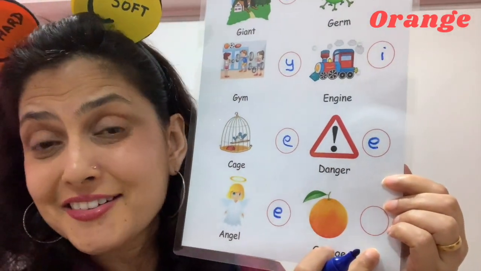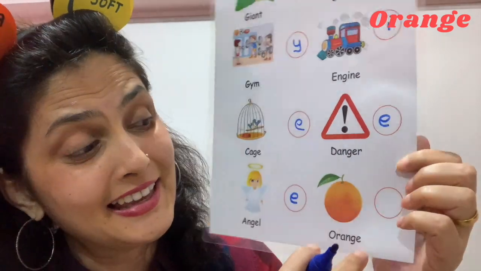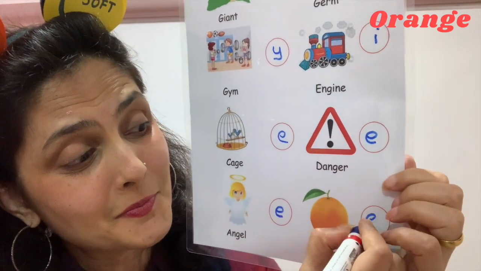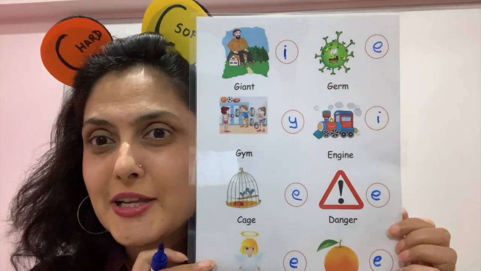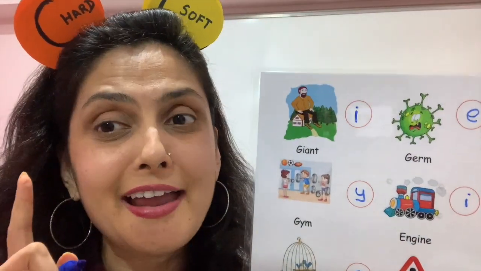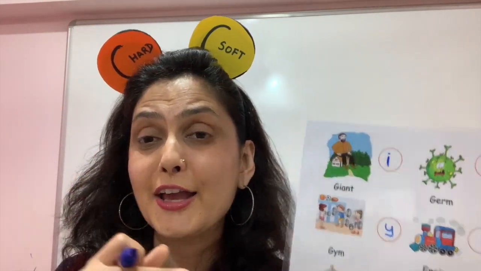Orange. J. What comes next to G? E. Yes? So what did we see here? When we have the J sound, so when we have the G saying the J sound, what comes next to it? E, I and Y. So for the soft G, we need to write E, I or Y next to G.